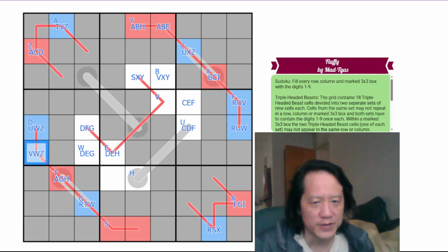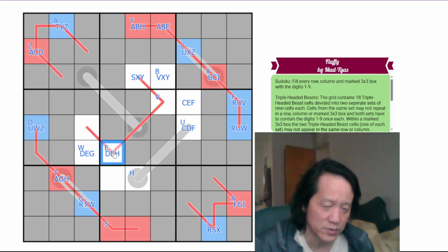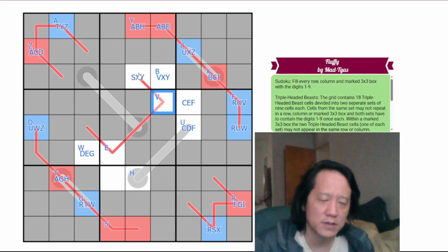So we found out from that this cannot be the blue, this can't be the red. Well, we found out this can't be red, which would force that to be red also. So this can't be red, which means this has to be blue. So we can delete all these.